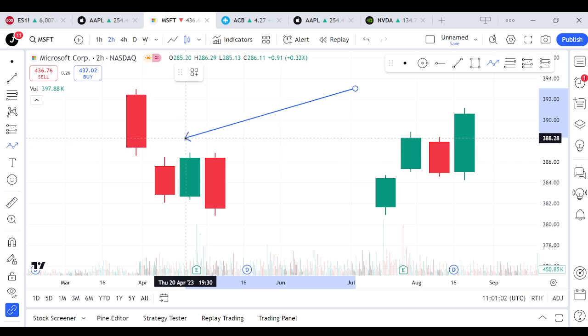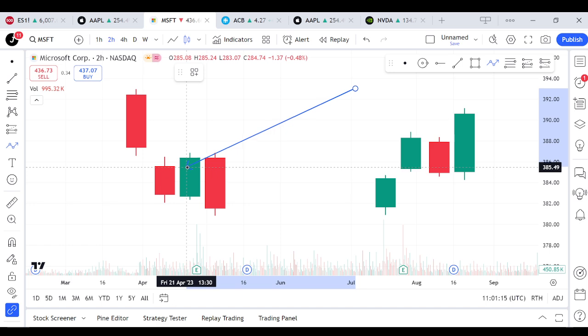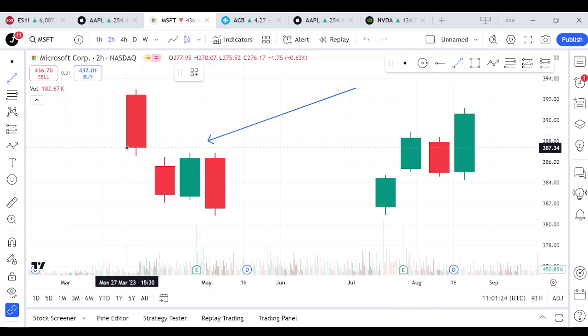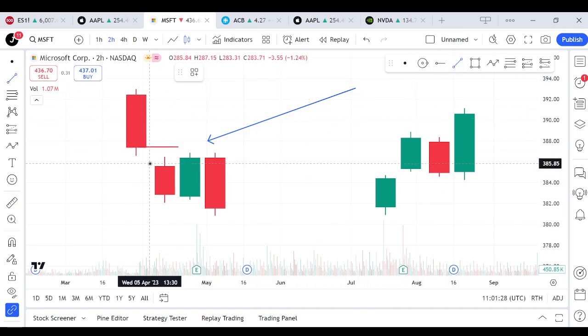So the next characteristic is the retracement candle, and this is the third candle, this third candle right here. Now the third candlestick moves against the trend slightly, filling part of the gap but failing to close it completely. So this is the gap between the close of this candle and the opening of this candle right here.